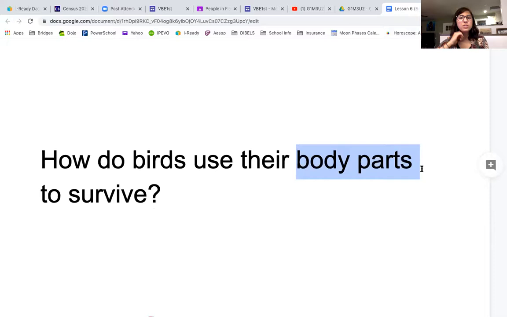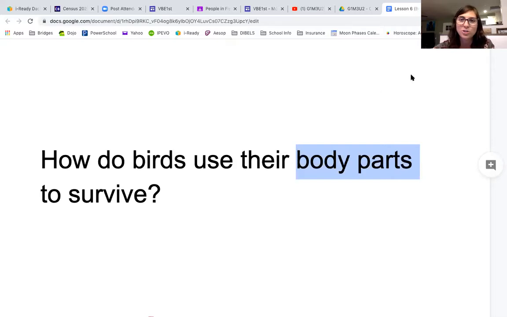How do birds use their body parts to survive? What if a bird had its home, and then wintertime came along and they were like, oh gosh, it's freezing. What body part would they use in order to fly south where it's warmer? Their wings, right? Yeah. How do birds use their body parts to survive?